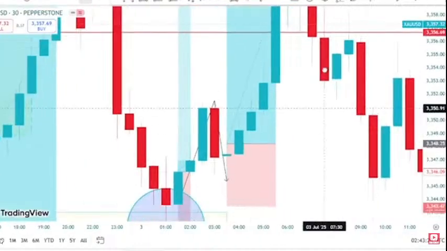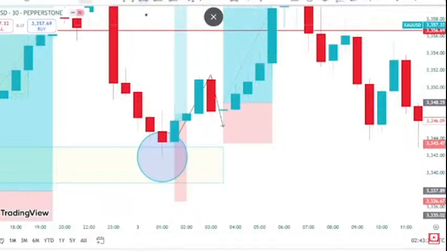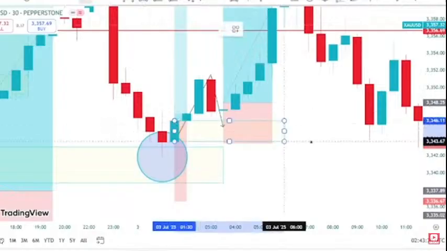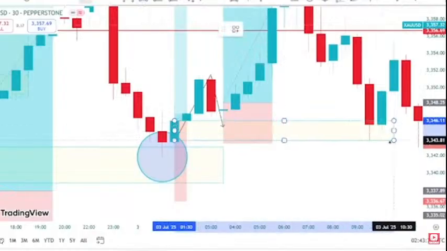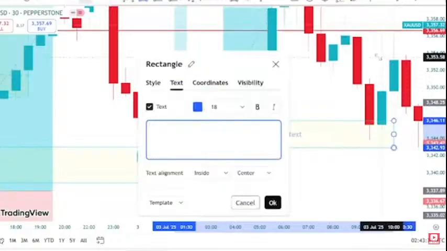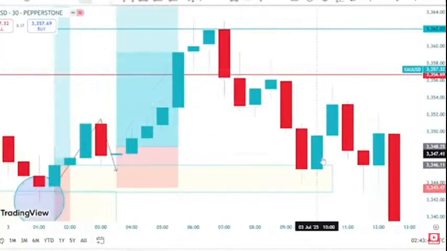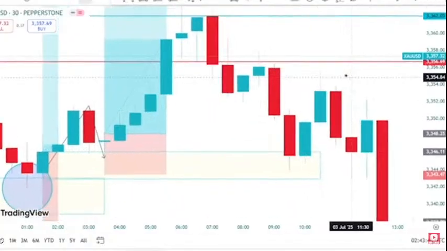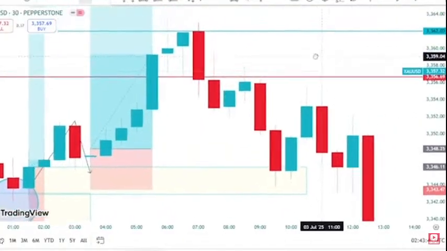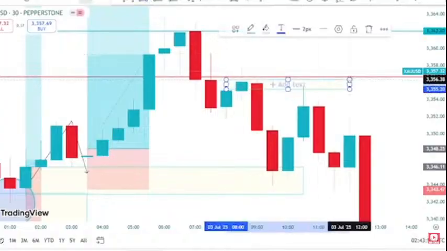Then after that, the market moved down from this area. I remember one of the guys from our live chat was asking about taking a trade from this area. We said yes, you can take this trade from this area, but remember you have to start targeting at least these areas.